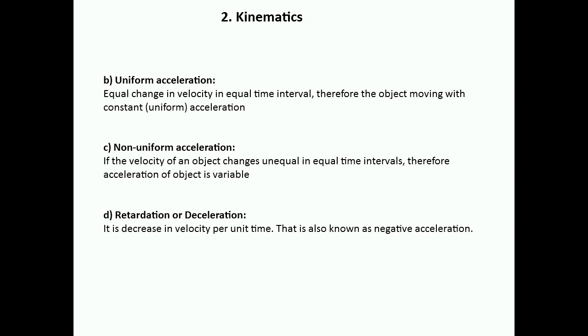For example, you are moving at 40 meter per second in your car on the road and you apply brakes. With the passage of time, your velocity decreases, your final velocity becomes 0 and your initial velocity is 40 meter per second, and you get negative acceleration. This negative acceleration is called retardation or deceleration.